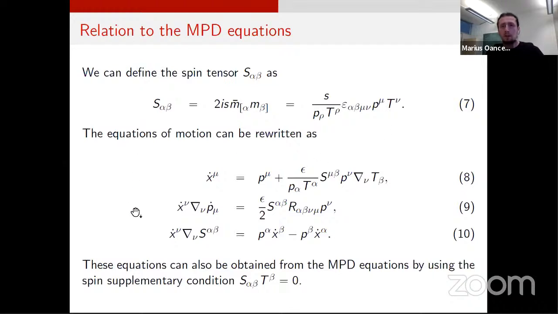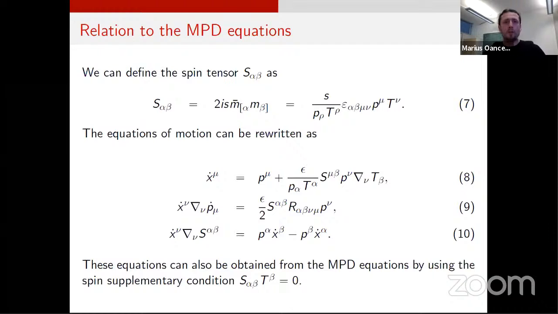Then the equations can be rewritten as over here, where equations 9 and 10 represent the actual MPD equations, and the equation for x dot can be obtained from these MPD equations by imposing the spin condition S contracted with t equals 0. So in the language of the MPD equations, the choice of time-like vector field t would to some extent fix our choice of energy center of the beam.